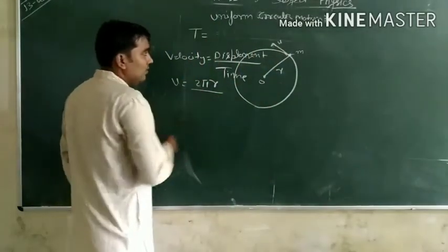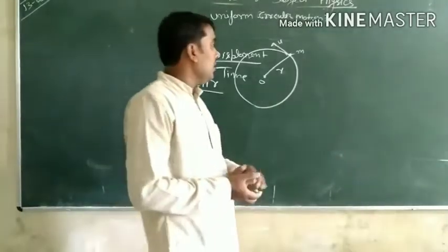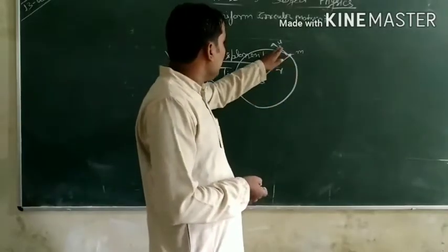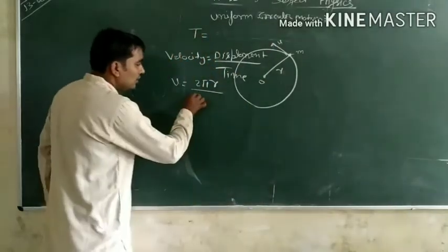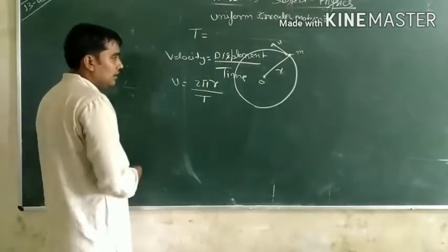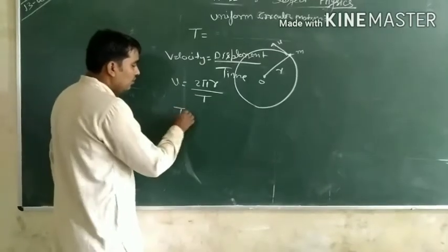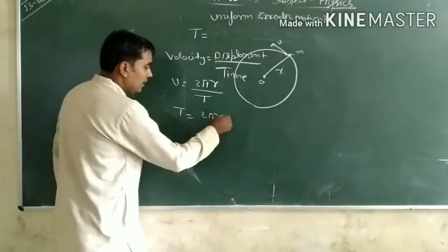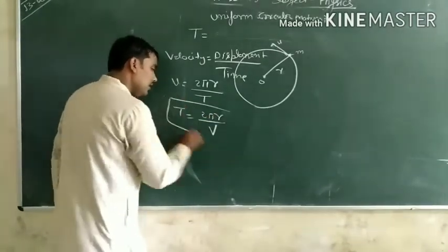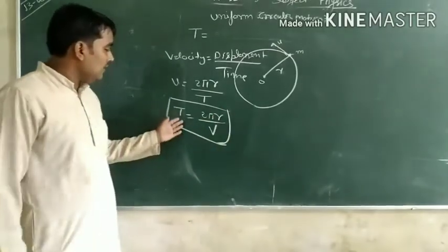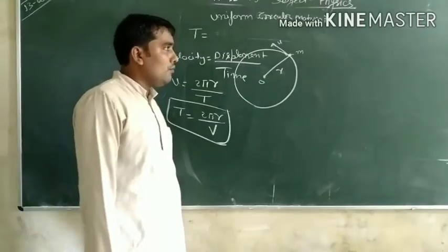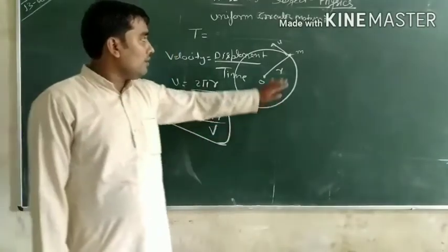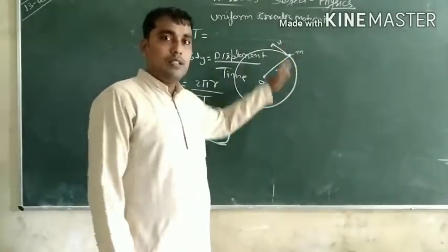The time in which the moving object completes one revolution is called the time period, represented by capital T. Now T is equal to 2 pi r upon v. This is the formula for the time period to complete one revolution of a moving object on a circular path.